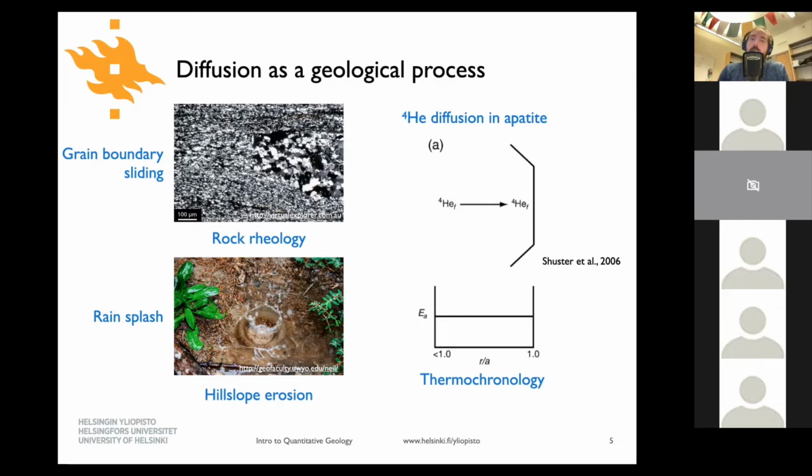That is essentially a diffusion-like process. So this has to do with how rocks and minerals are deforming in the earth. There are also erosional processes that behave kind of like a diffusion process. Here's an example of something that you might not even think of as an erosion process, called rain splash.